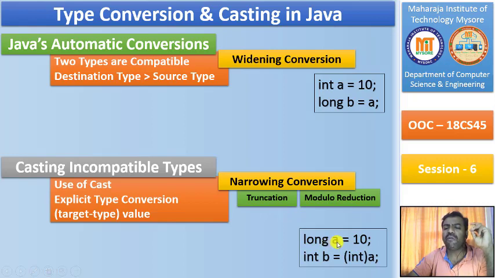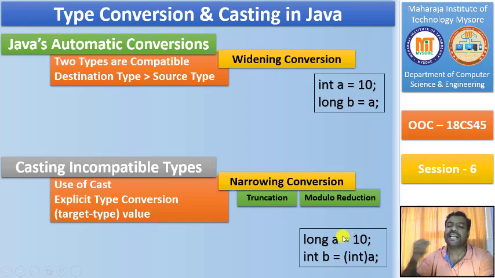We have long a equals 10, and then int b equals (int) a. When using the modulus operation here, I need to look at the range of values the long uses. Depending upon that range, that becomes the modulus value for us. Whenever the value goes out of range, we apply the modulus operation and use that value here.